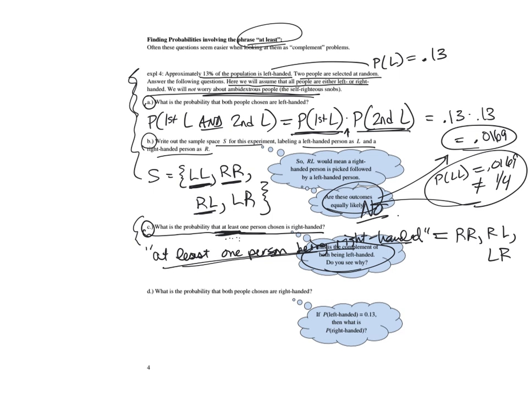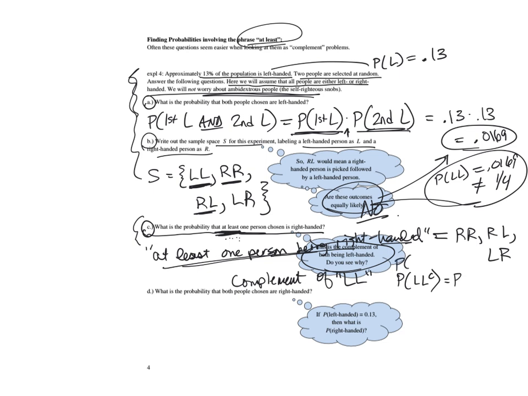So this is a complement of LL. And since we saw in the last problem the probability of LL, I did not leave myself much space here. The probability of the complement, I'm going to use that notation we were using.